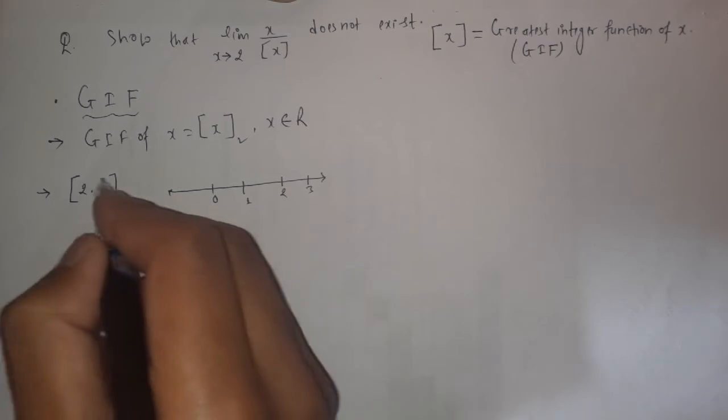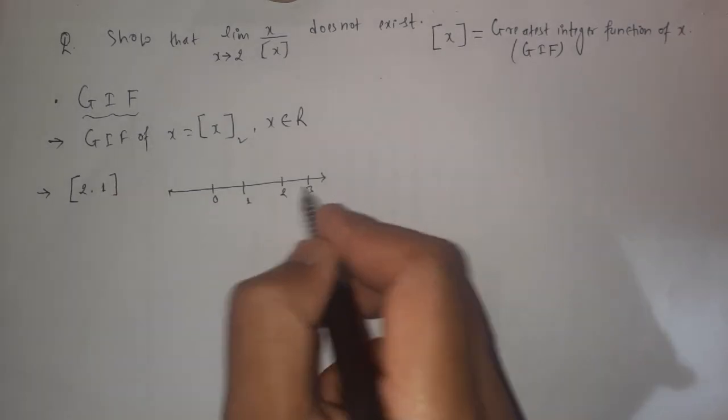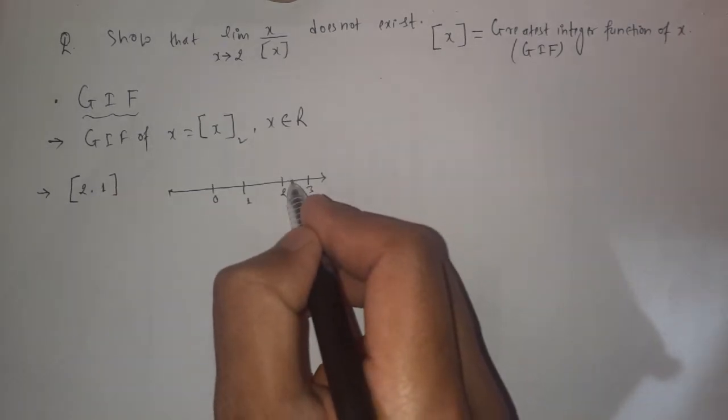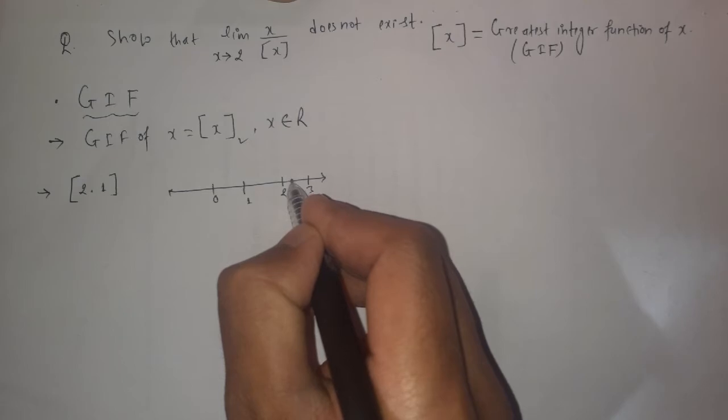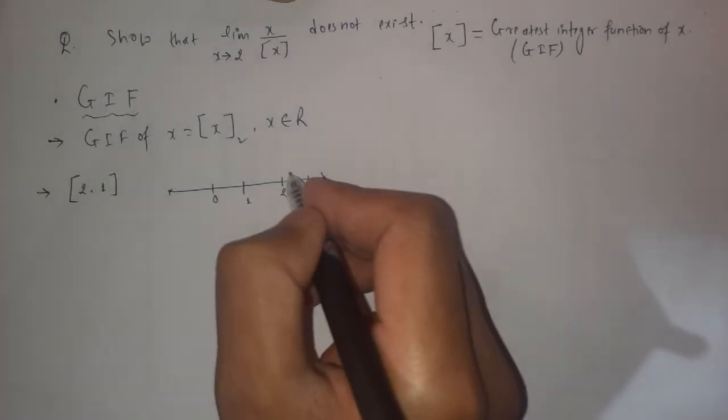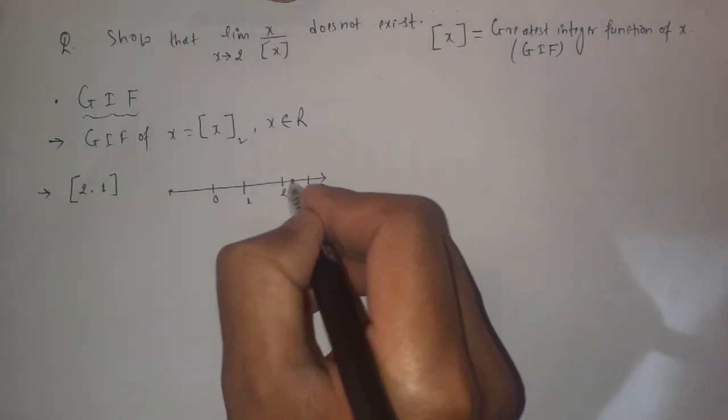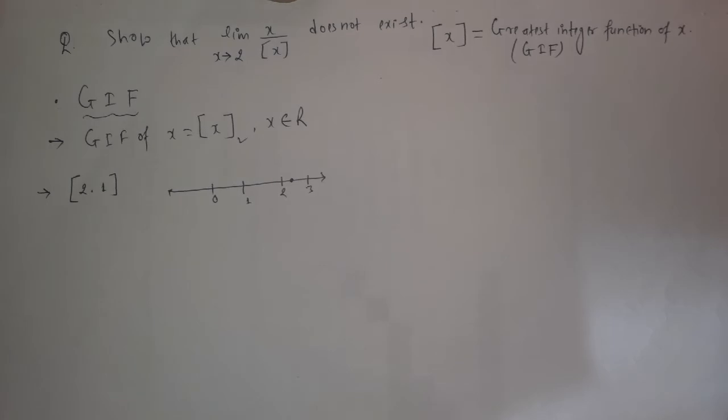The number 2.1 lies somewhere between 2 and 3. Let's suppose this point represents the number 2.1.